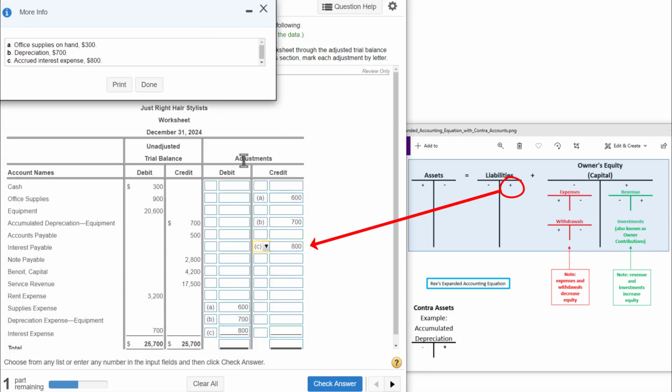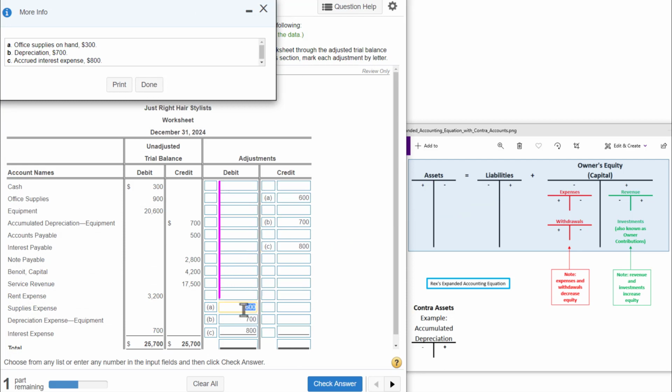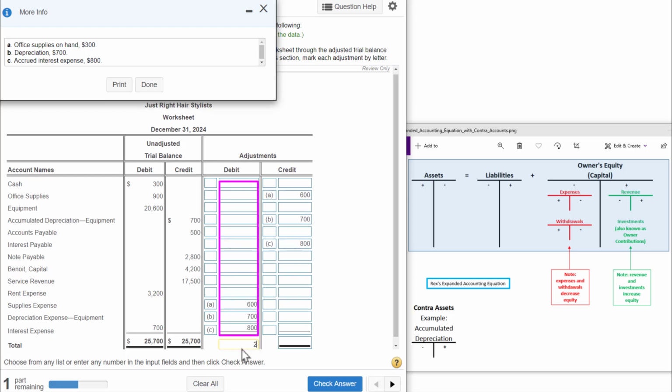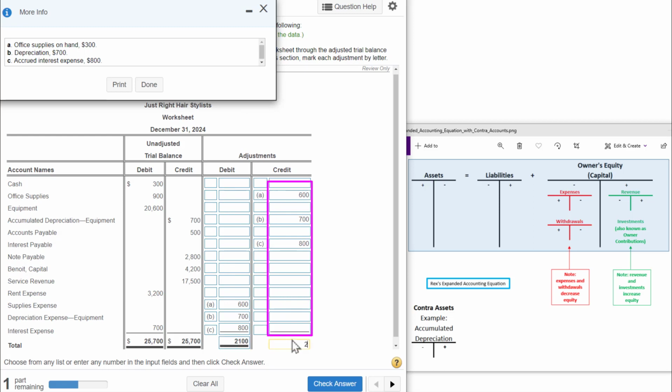So we've entered in all the adjusting entries. Now I just need to add up 600 plus 700, that's 1,300, plus 800, so that's $2,100 of debits. And we have the same amount for credits.